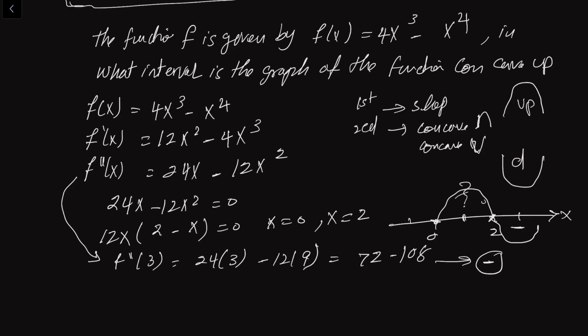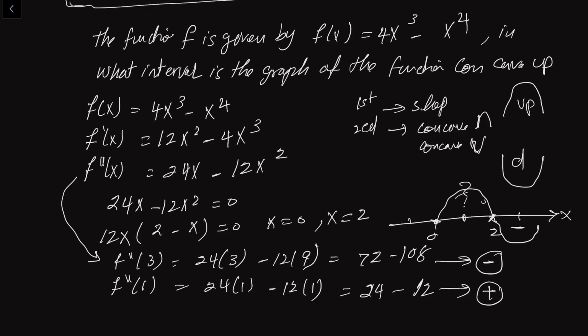Let's take a value inside, let's say 1. f double dash of 1 equals 24 times 1 minus 12 times 1, so 24 minus 12, that's 12, which is positive. So here it's concave up.